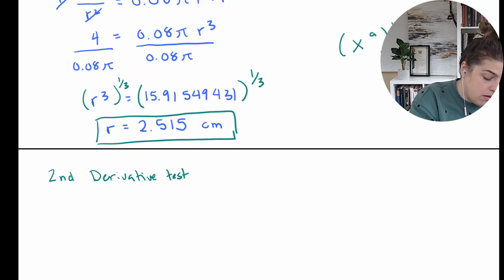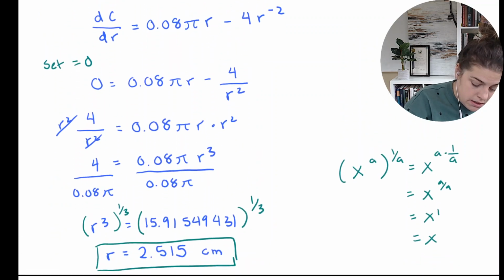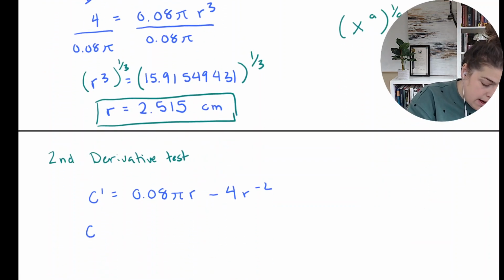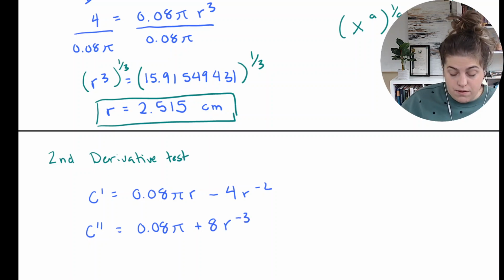Okay, and so our first derivative there was 0.08 pi r, and then minus 4 r to the negative 2. And so if we take our derivative again, we're going to have 0.08 pi plus, because this negative 2 is going to come down and multiply with the negative 4. So negative 4 times negative 2 is going to give us 8 r to the negative 3.